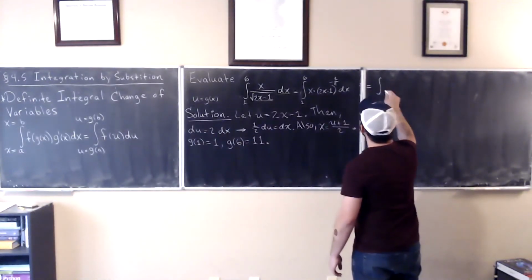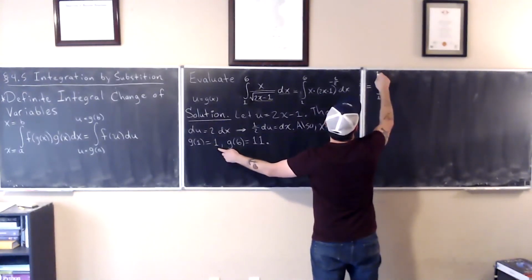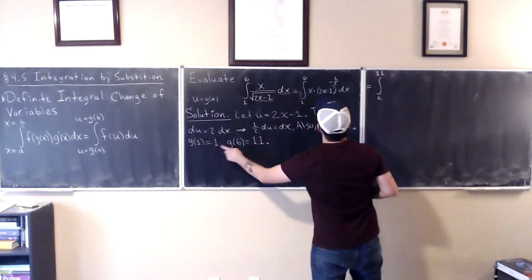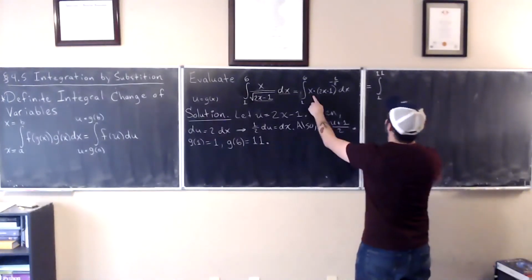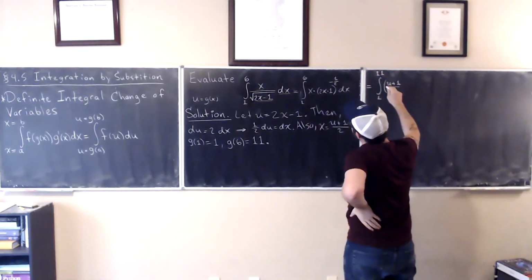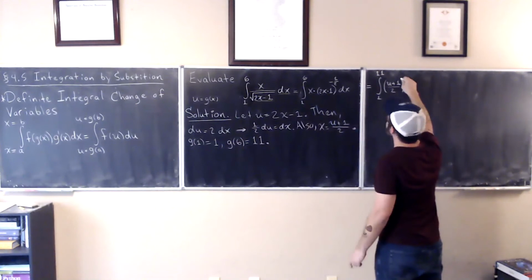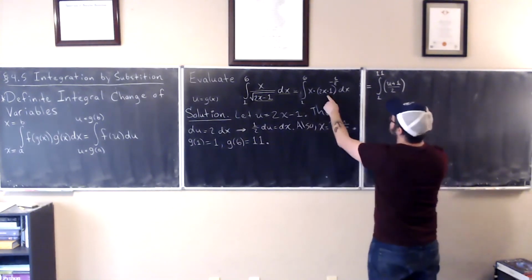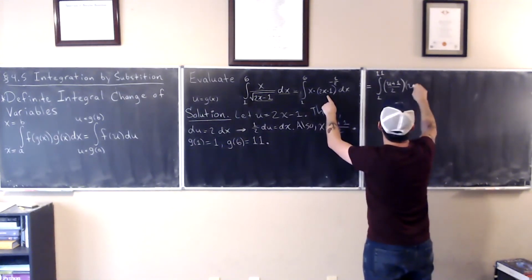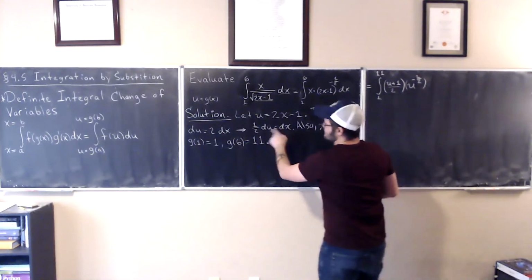All right, so our new limits of integration are 1 and 11. And then we have x, which is really (u plus 1) over 2, times u to the power of negative 1/2, times dx, and dx is really 1/2 of du.